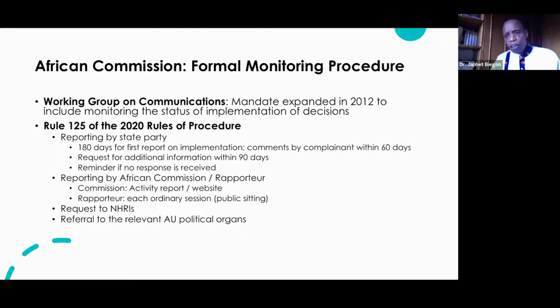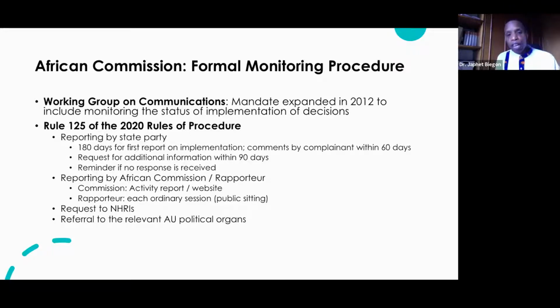Then there is the second element, which is reporting by the African Commission itself. Rule 125 gives the African Commission an opportunity to identify a rapporteur who will be responsible for following up and monitoring implementation. This rapporteur is required to present a report during the open sessions, or ordinary session, of the African Commission, explaining the extent to which the decisions that fall under him or her have been complied with.